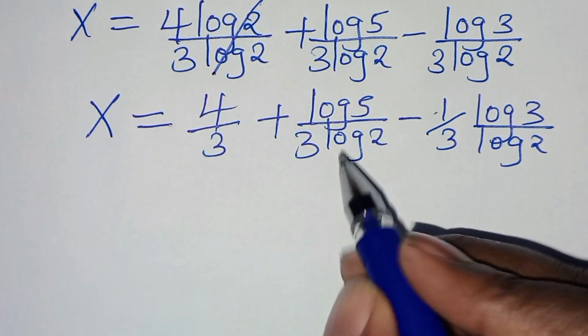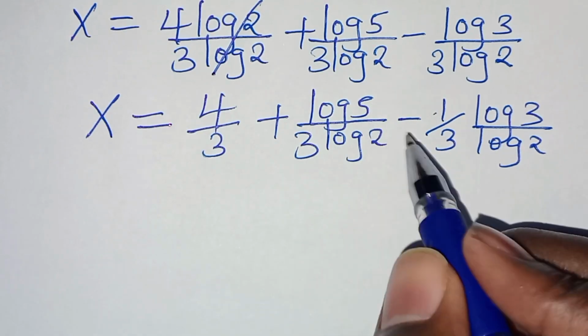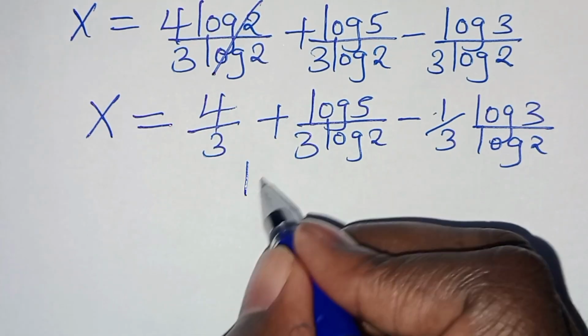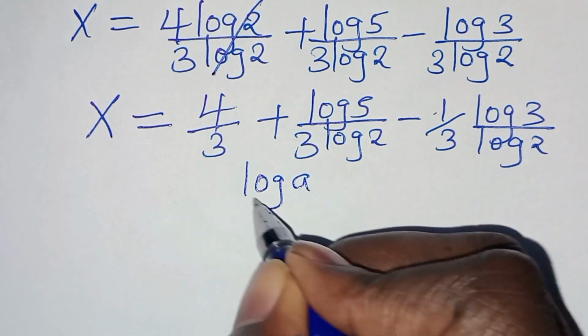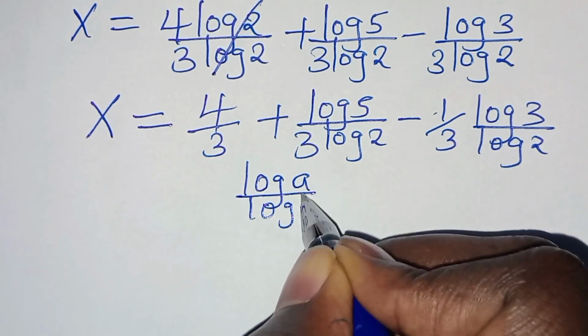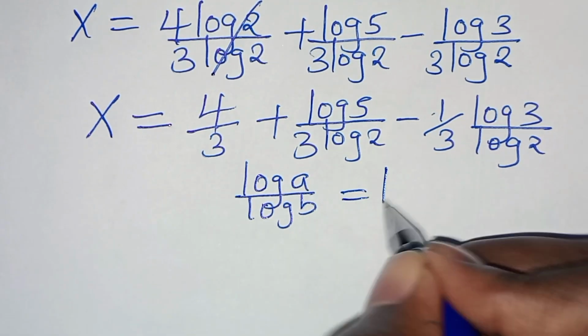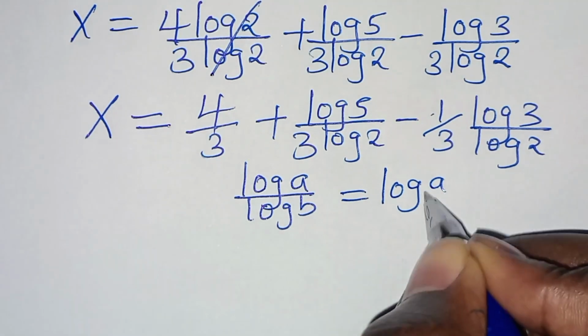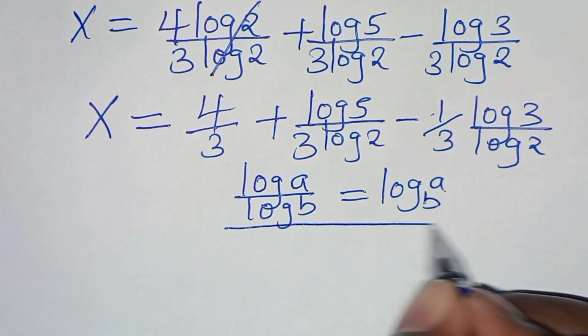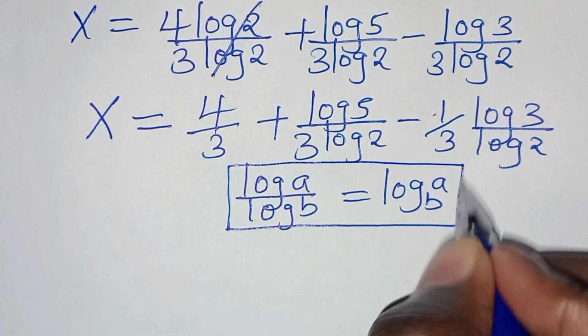Now the next step is that log 5 over log 2, this is in the form of log a divided by log b, which we can express as log a to base b. Now let's apply this logarithm property.